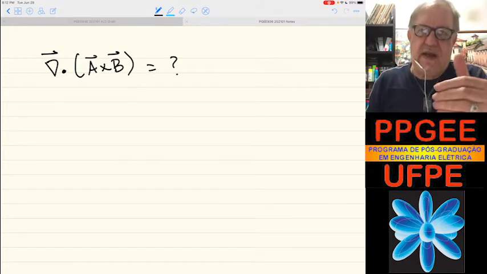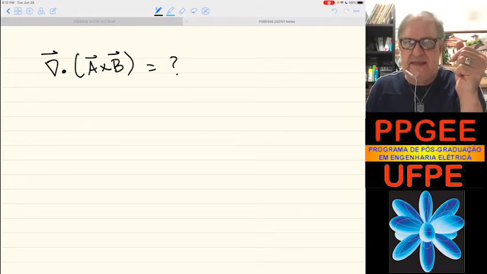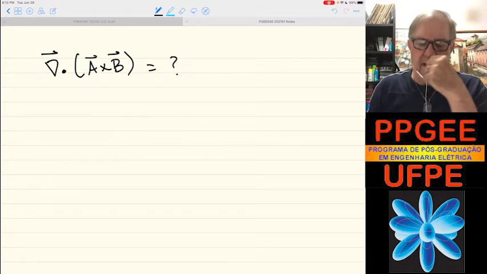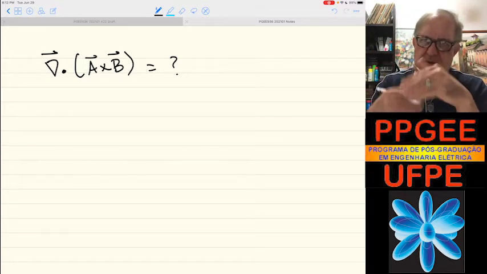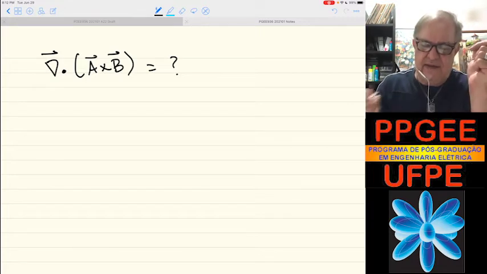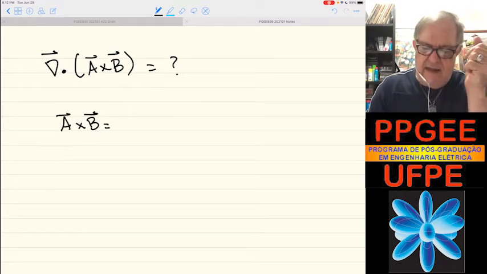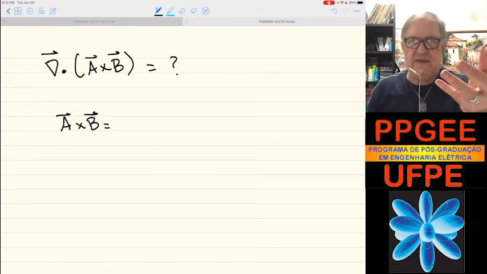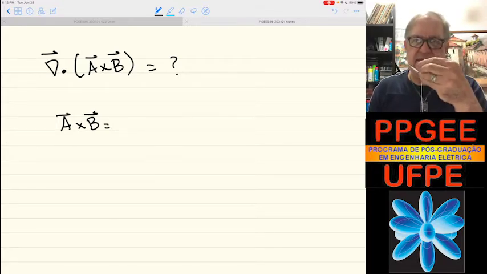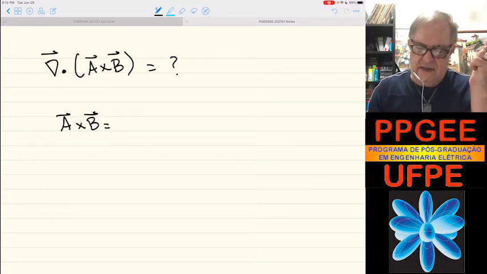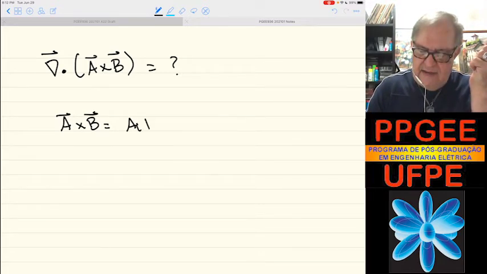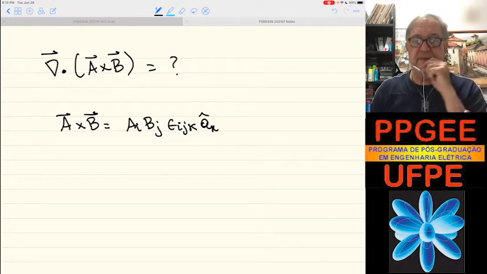It's very easy to calculate this using the Levi-Civita symbol, because when you do cross products, using Einstein's convention, in which repeated indices indicate a sum, A cross B is going to be A_i B_j epsilon_ijk a_k. So that's what it is.